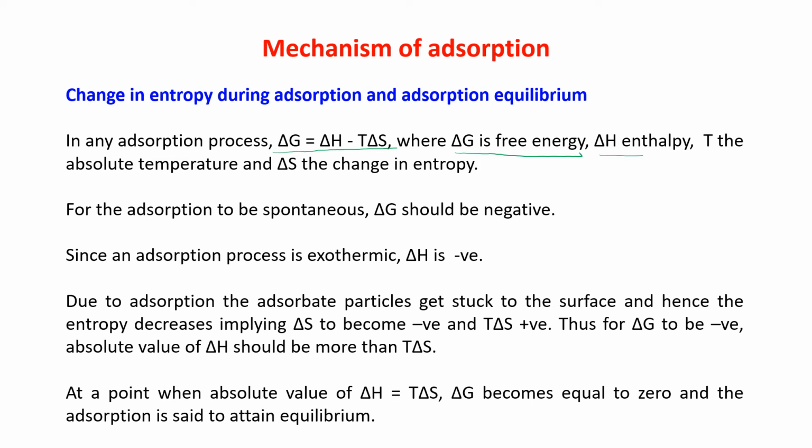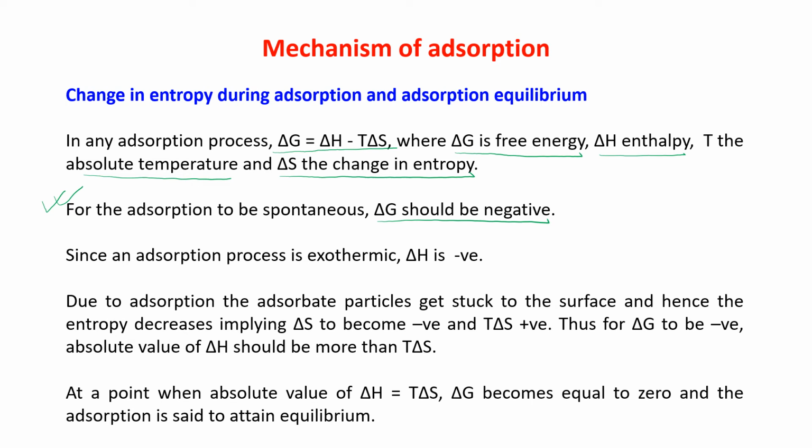Delta H is the enthalpy, T is the absolute temperature, and delta S is the change in entropy. For adsorption to be spontaneous, delta G should be negative. When delta G is negative, then the adsorption is spontaneous.